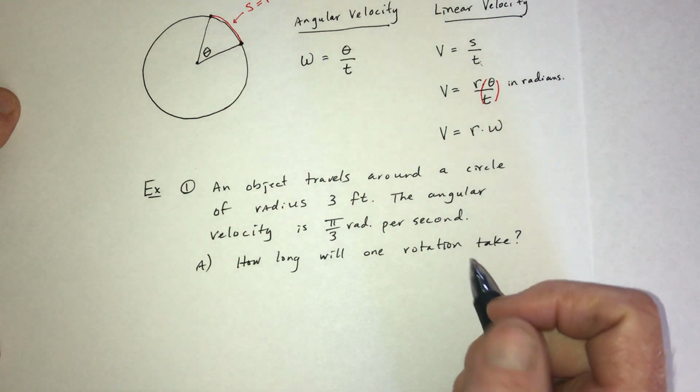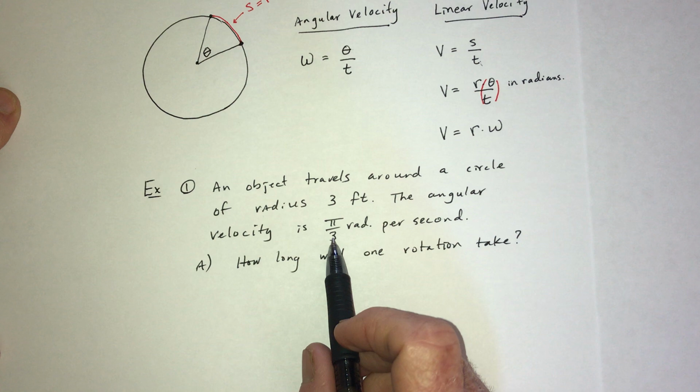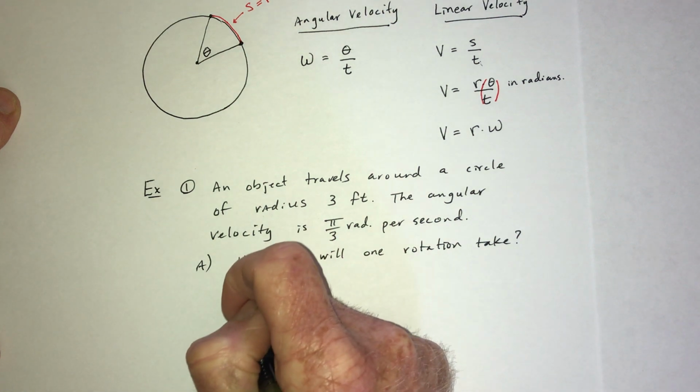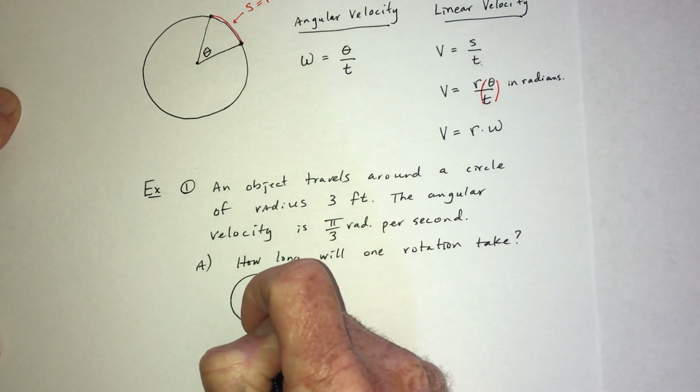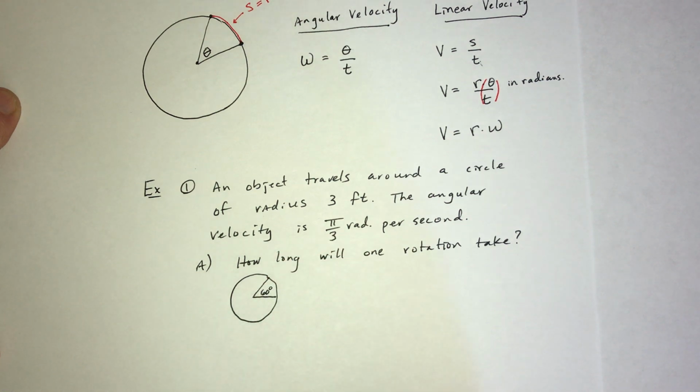So pi over 3, if you were to change that to degrees, that would be 60 degrees. So one way to look at it is if it goes from here to here, that would be 60 degrees. And how many times does it have to do that? Until you get 360 degrees.